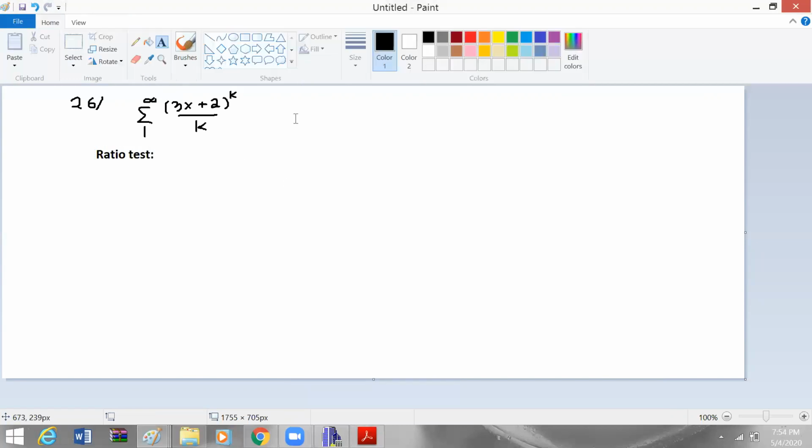The ratio test: we develop R as the limit as k goes to infinity of a sub k plus 1 over a sub k.